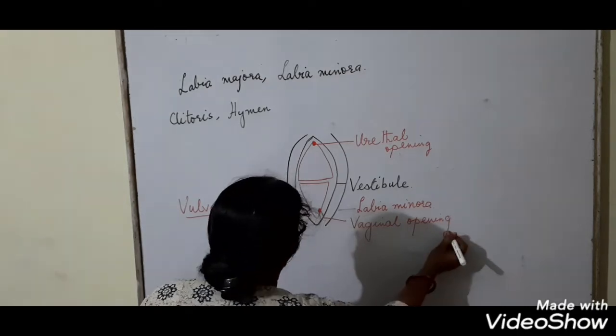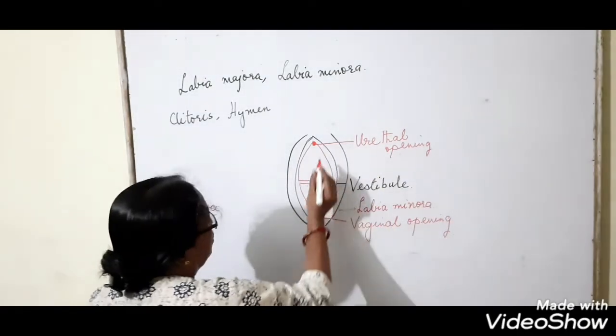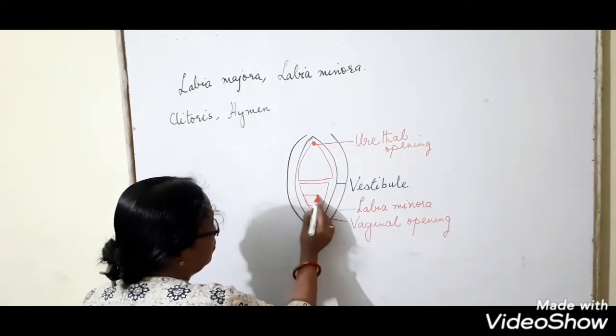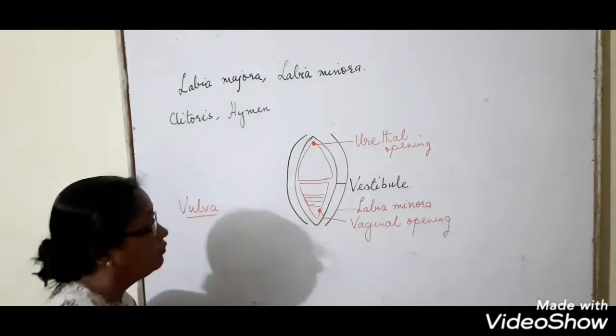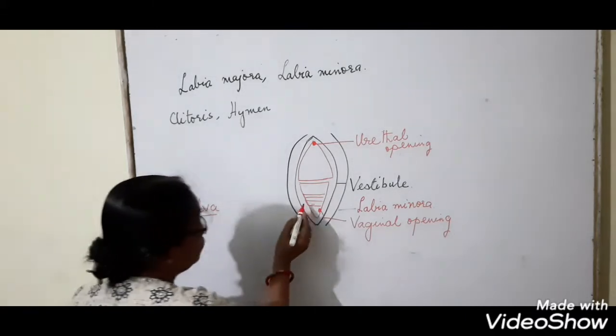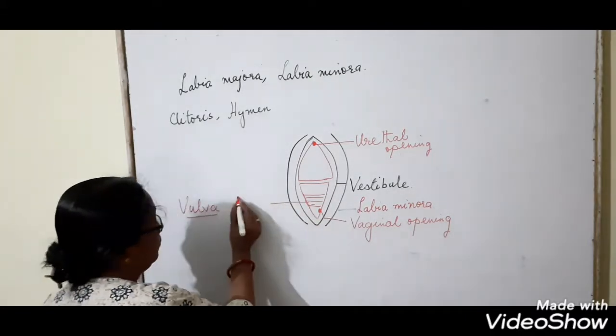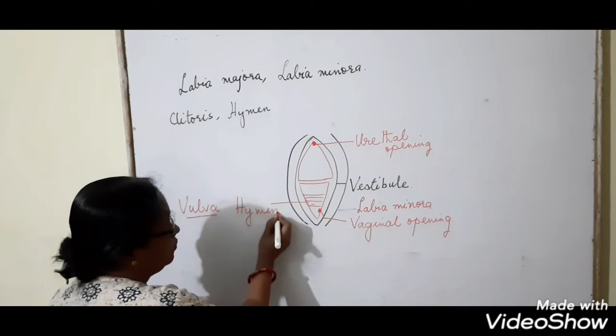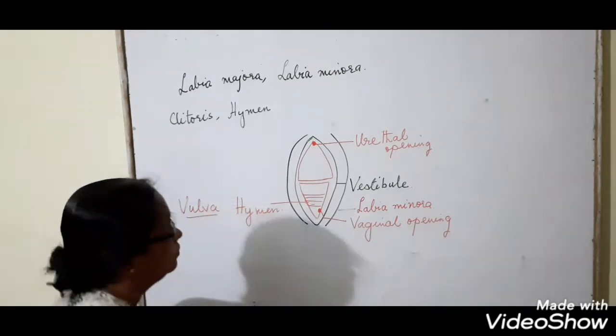A membranous covering is there over the vaginal opening, which is known as hymen, found in virgins.